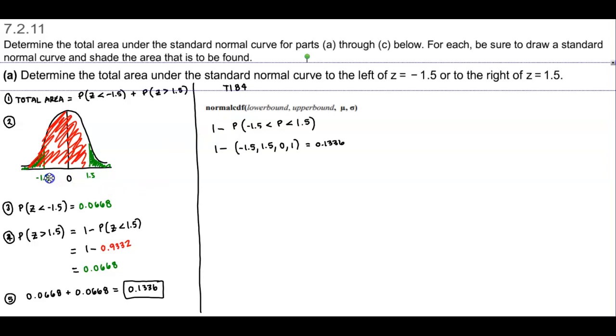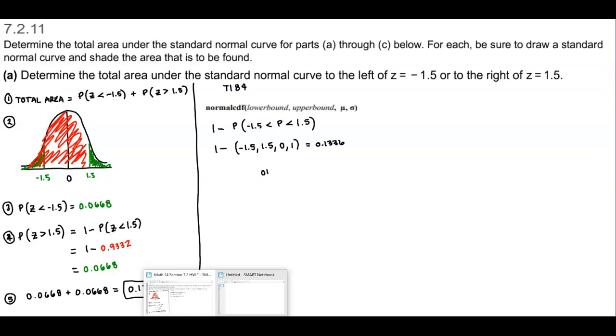Okay, we know that if this is negative 1.5 and that's 1.5, it gave us two of the same areas. So basically, instead of doing that, we can take the probability of z being less than negative 1.5 times 2.